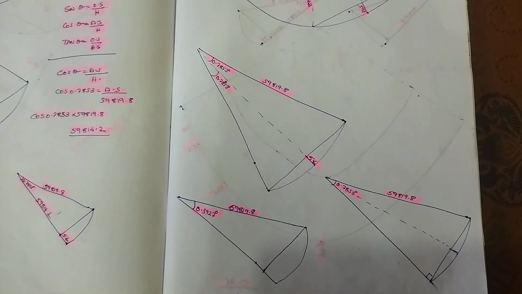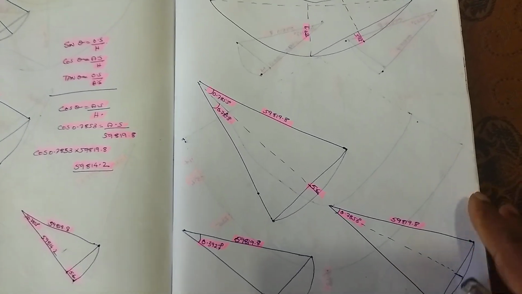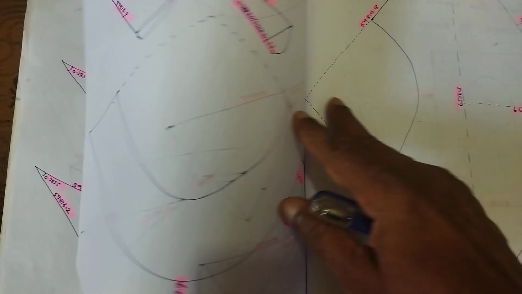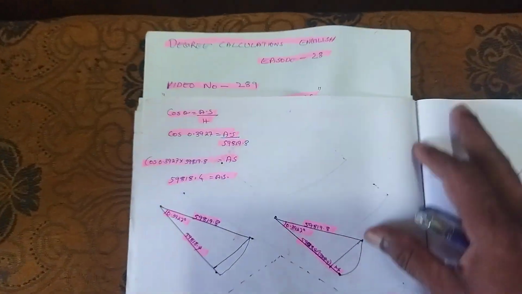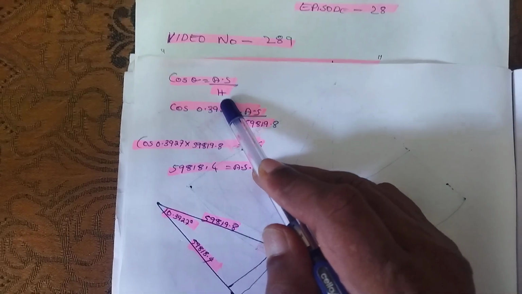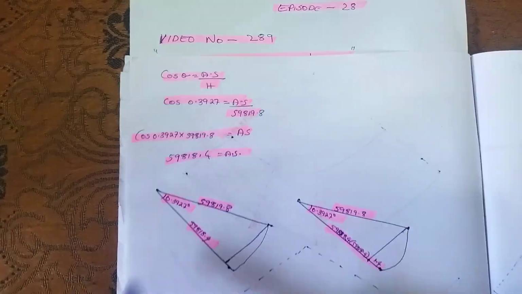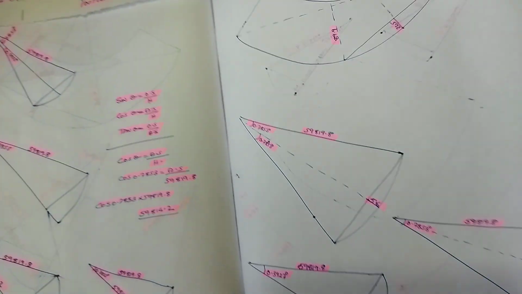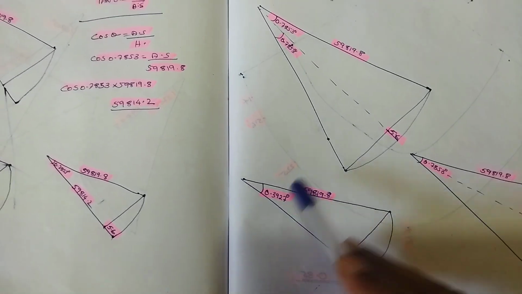For that purpose, you have to use the formula cos theta. Cos theta is adjacent side by hypotenuse. Now the degree is 0.3927.